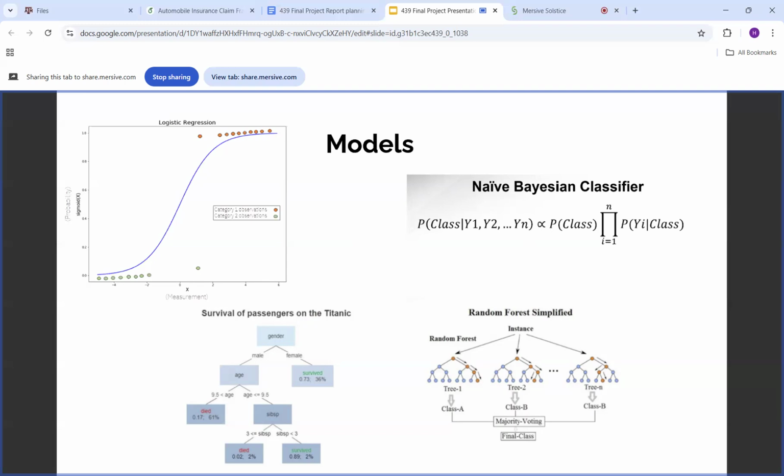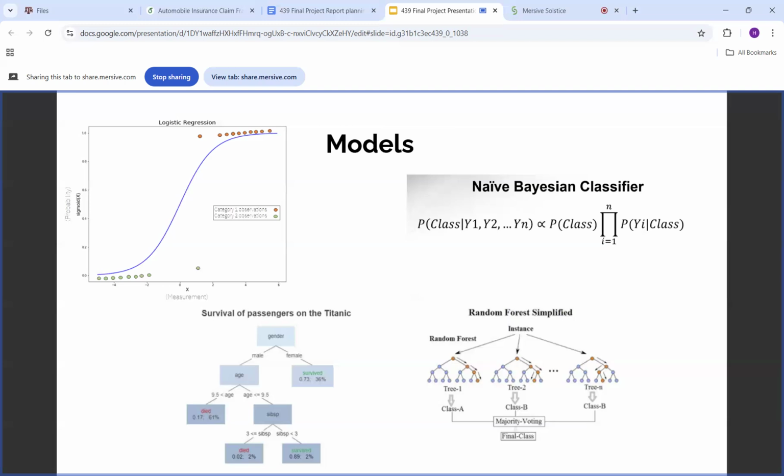The next one is decision trees, which calculates the probabilities of classification based on the probabilities of each feature. And the last one is the random forest classifier, which uses several different decision trees on subsets of the data and then votes on the decisions made based on classification.